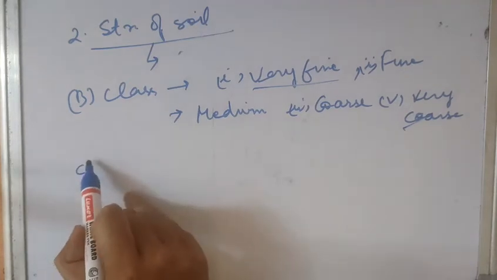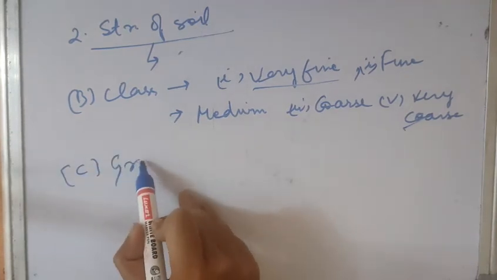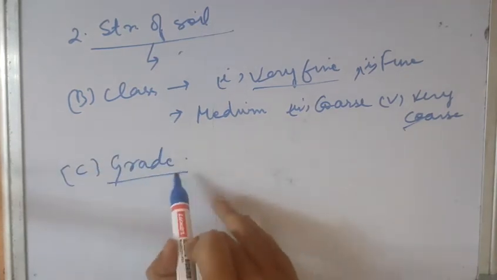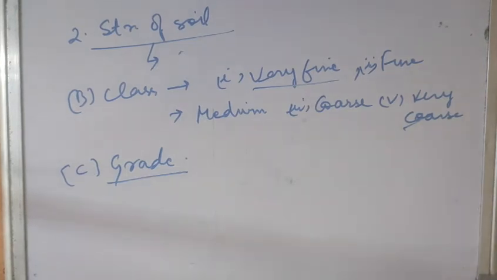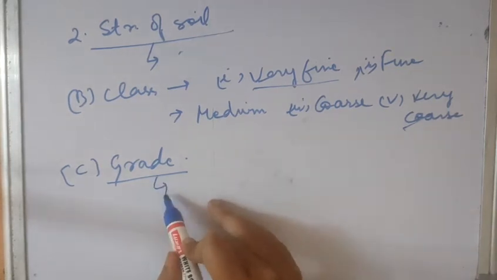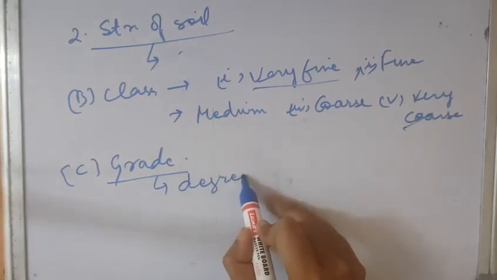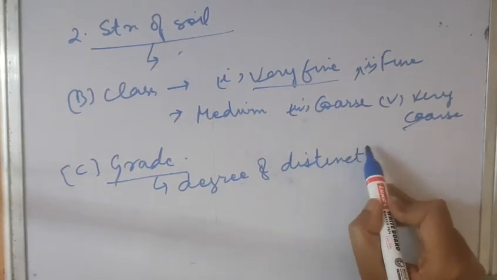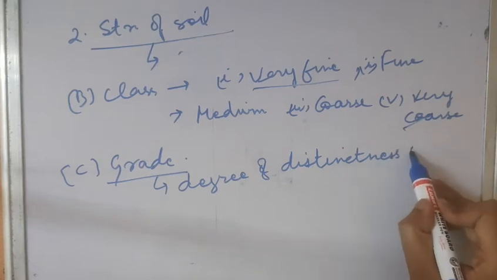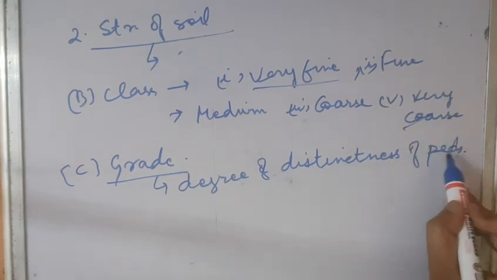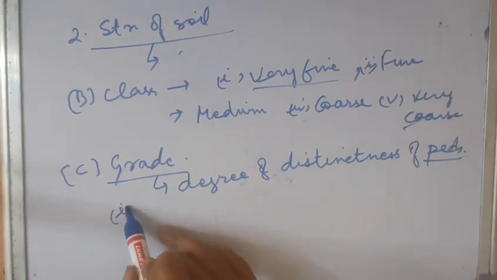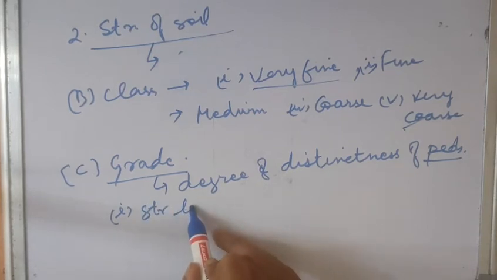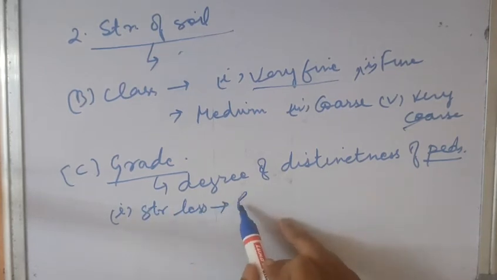Then the structure of soil is also divided in grade. Grade indicates the degree of distinctness of beds. First of all, we have structureless. Here beds are not distinct.